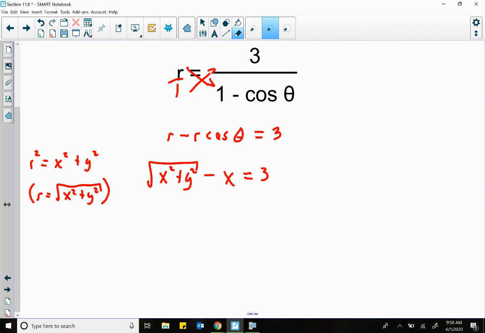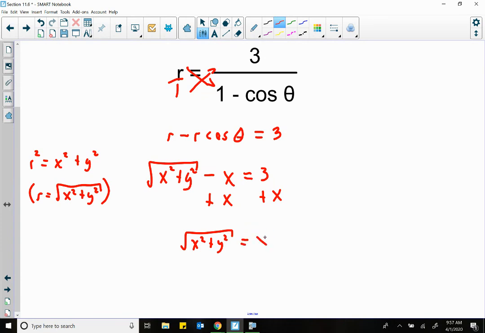Okay? Well, what we need to do now is to start thinking about, well, how can we get this y by itself? So I need to get this square root out of there. So in order to do that, add x to the other side. And that gives you the square root of x squared plus y squared, and that equals x plus 3.